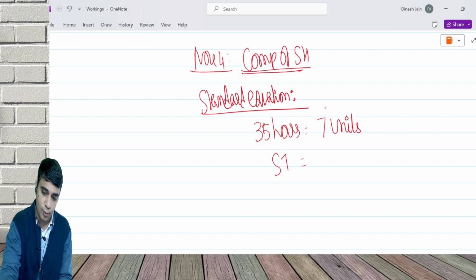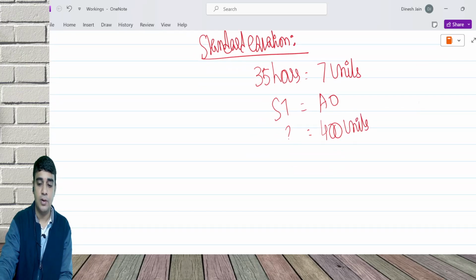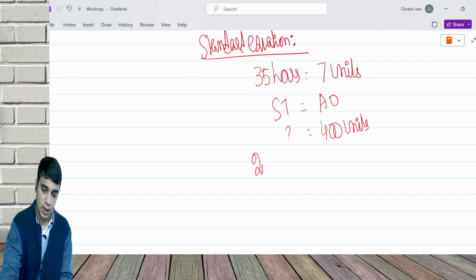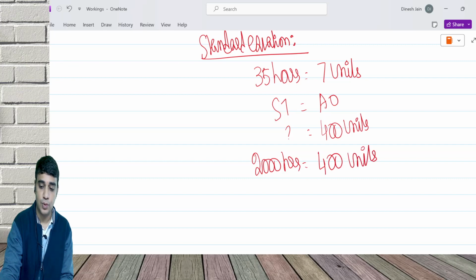ST equal to AO. Question mark equal to what's the actual output? If 35 is equal to 7, what is equal to 400? 2000 hours equal to 400 units.